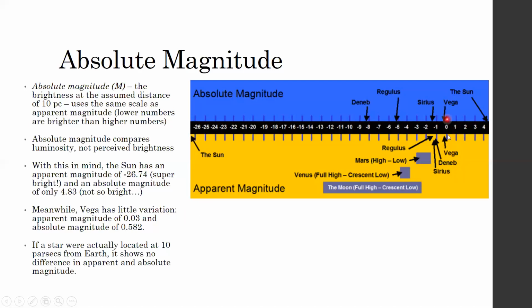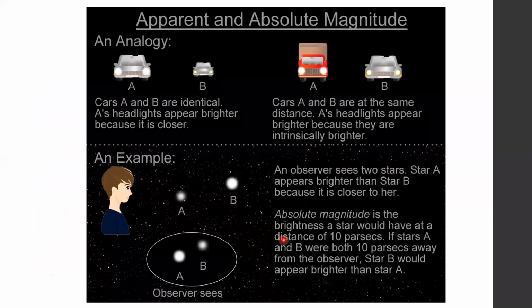So how Vega appears to us in the night sky and how it would appear to us at a distance of 10 parsecs would not be incredibly different. It's fairly consistent. And that also indicates that Vega is already at a distance that's kind of close to 10 parsecs. Sirius would be another example of that. It doesn't have a huge variation either.